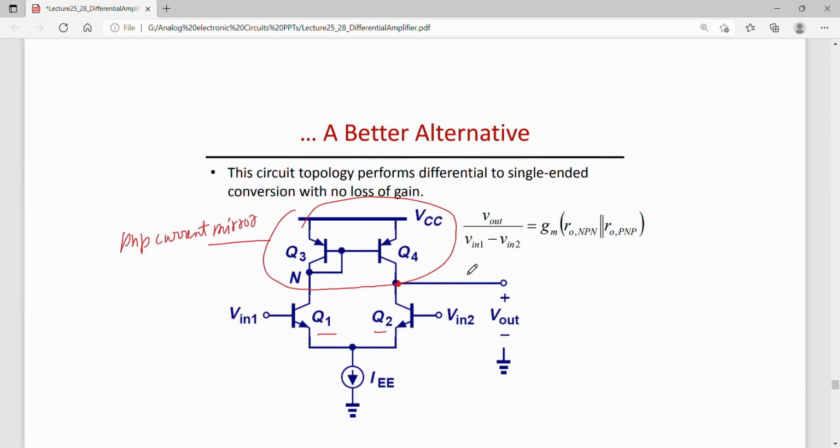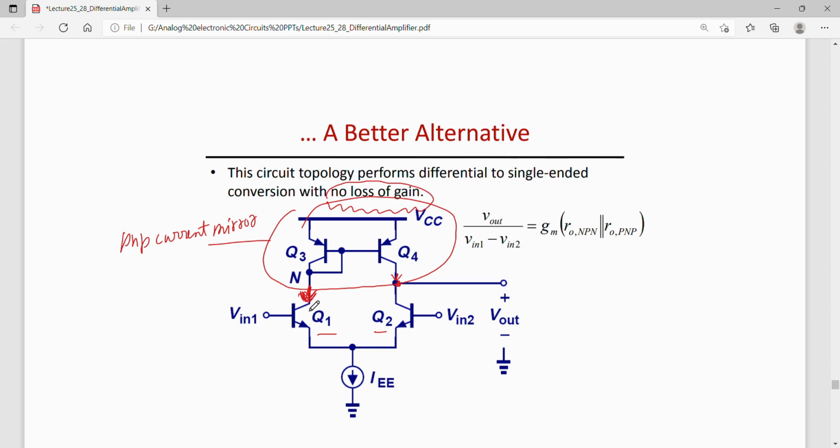Let us try to understand how this is better. Here you will find that there is no loss of gain, because both the currents are evaluated at the output. That is, Q1 and Q2 both are responding to the change in inputs. The current drawn by Q1 is also used as a reference current for this current mirror.